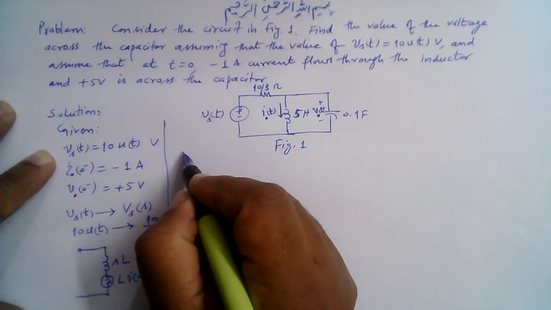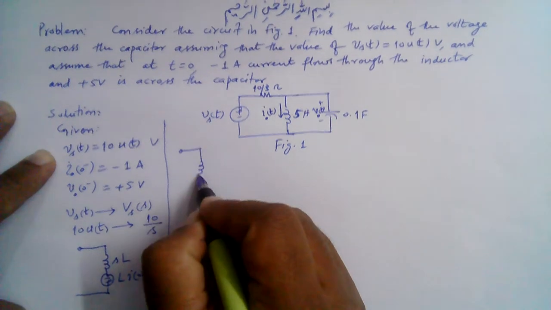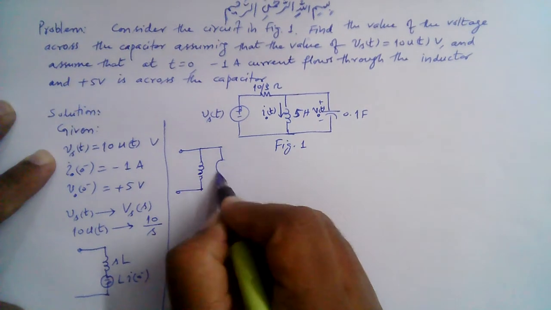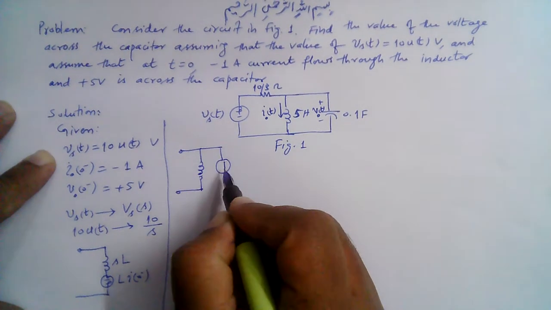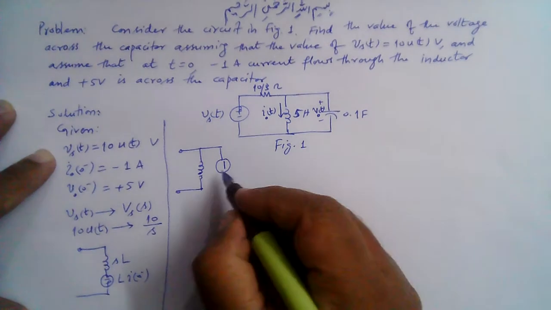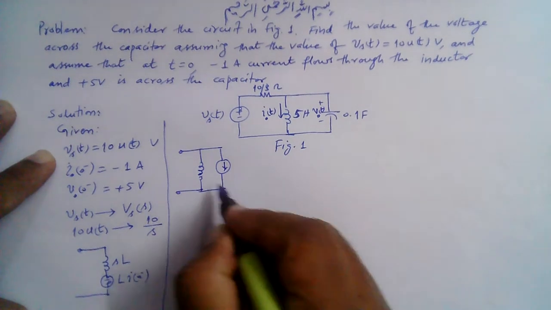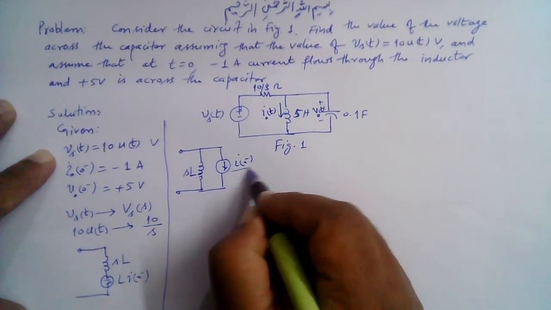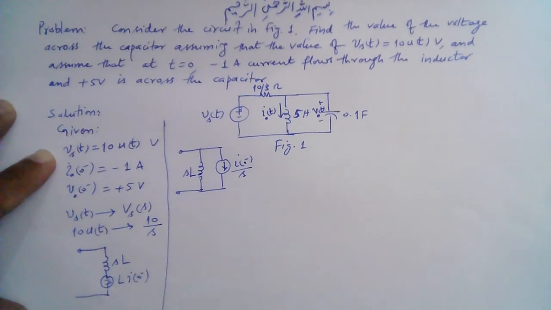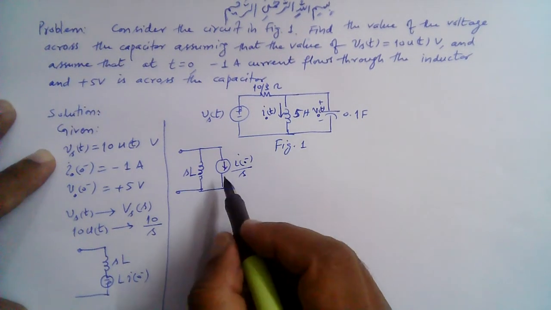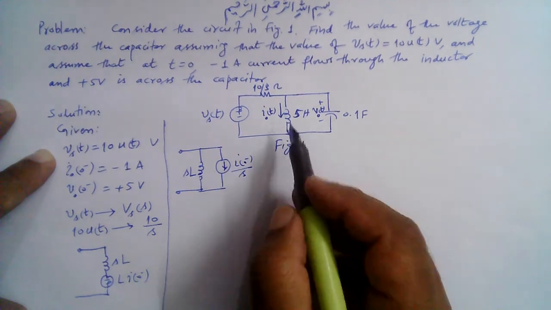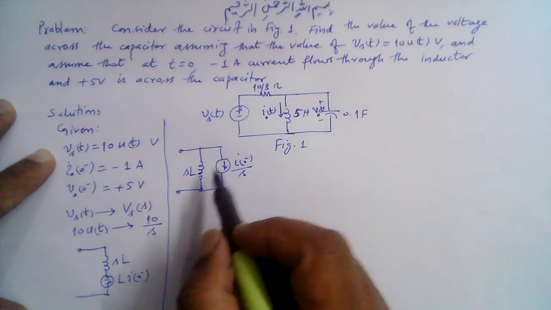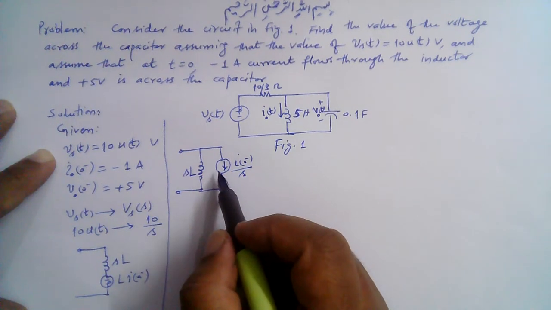We can model this inductor like this, SL in parallel with a current source. So this will still be SL and this will be I0 negative over S. We will choose this method because it will be easier to apply nodal analysis if we transform it this way.